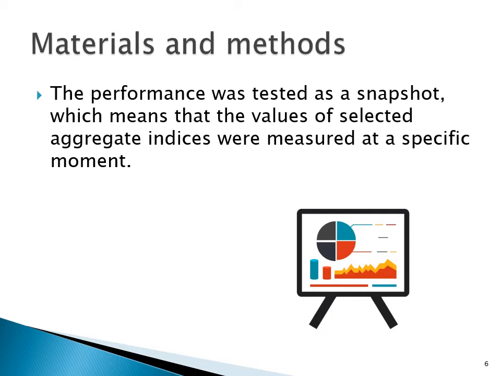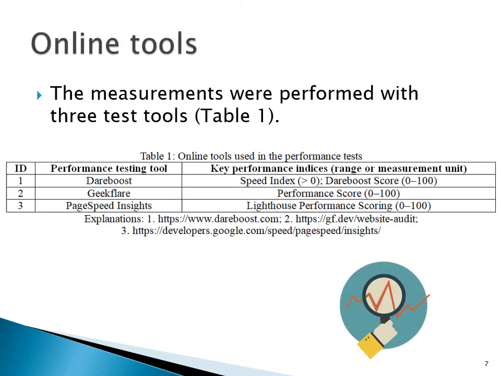The performance was tested as a snapshot, which means that the values of selected aggregate indicators were measured at a specific moment. The measurements were performed with three test tools: Dareboost, Geekflare, and PageSpeed Insights.